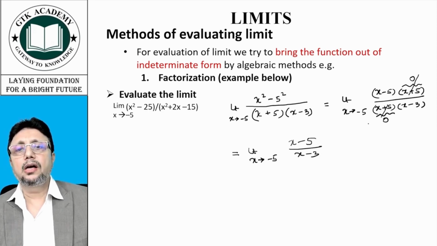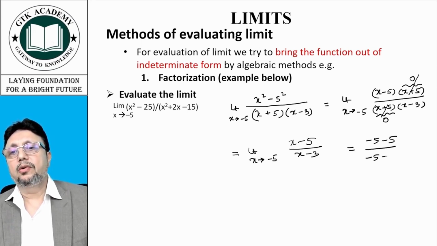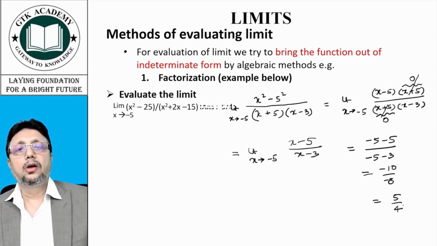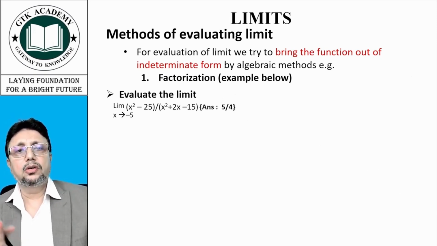Now you can put the value of x as minus 5. So this will translate to minus 5 minus 5 upon minus 5 minus 3, which is equal to minus 10 upon minus 8, which equals 5 by 4. So this is the answer to this problem. I hope you have understood this method of factorization.